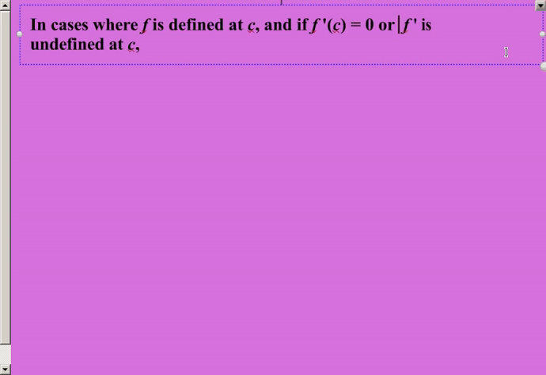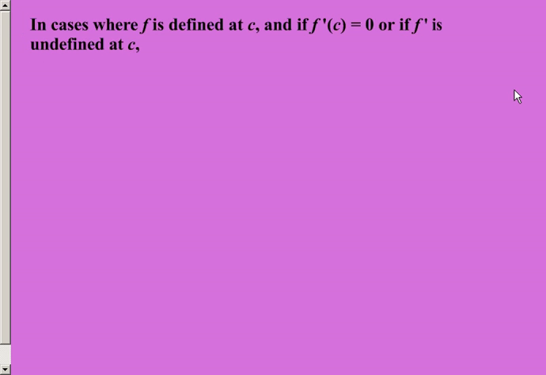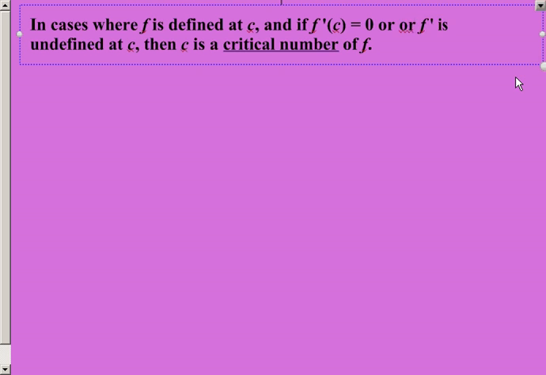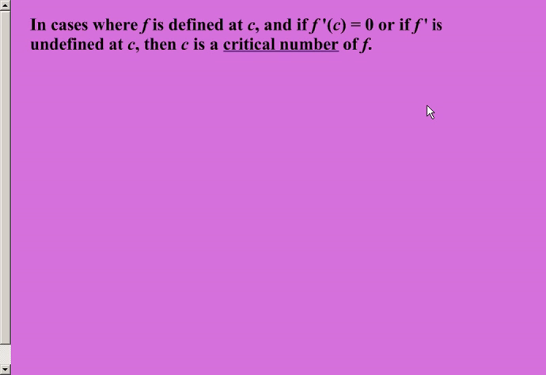In cases where the function is defined at a particular value in the domain, and if the derivative of the function at that value in the domain is 0, or, I should say if the derivative of the function is undefined at that value, then c, wherever that is in the domain, is what we call a critical number of the function.